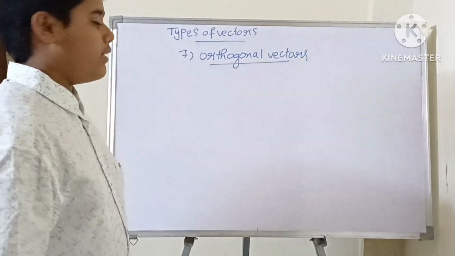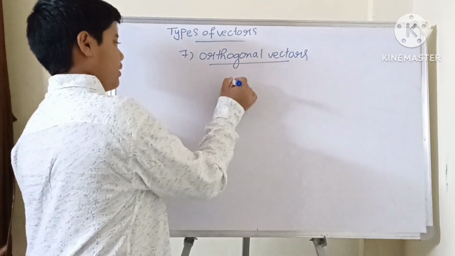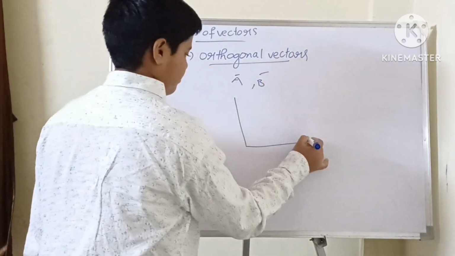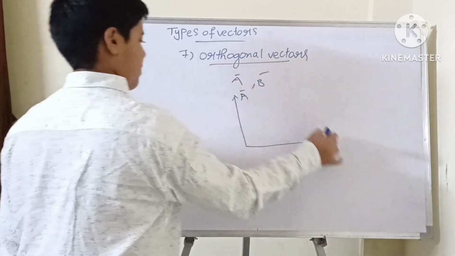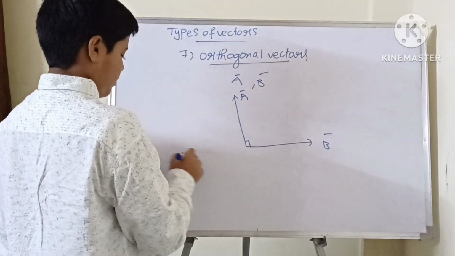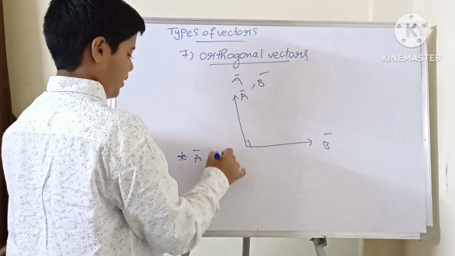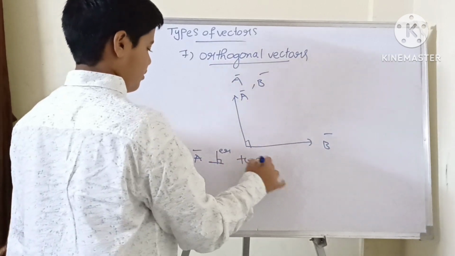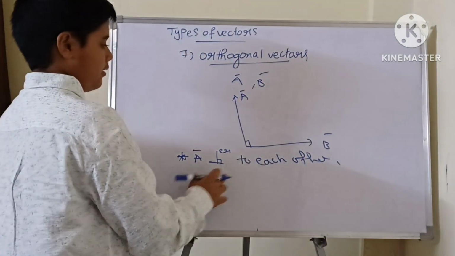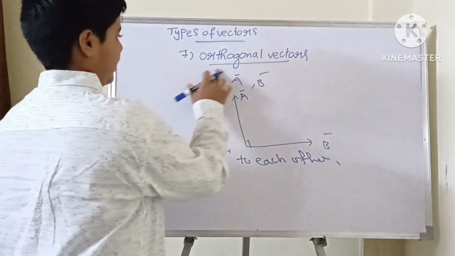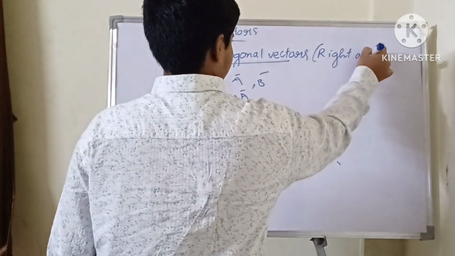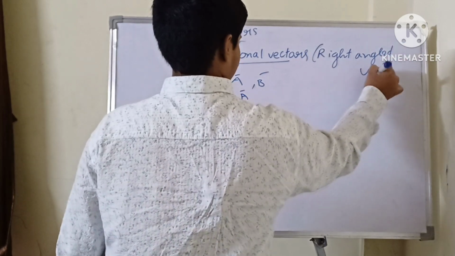Orthogonal vectors means I am taking A bar and B bar vectors like this, and these two are perpendicular to each other. Okay? So that is known as orthogonal vectors or right angled vectors.